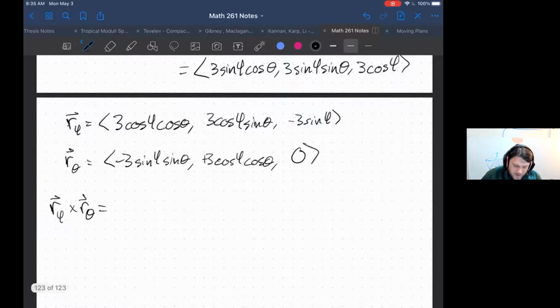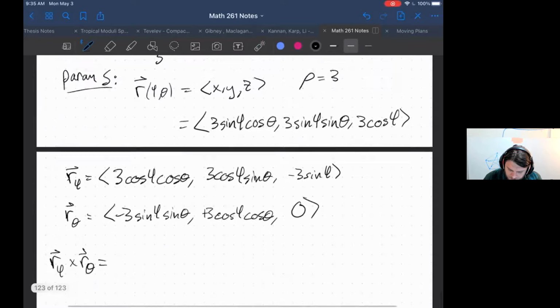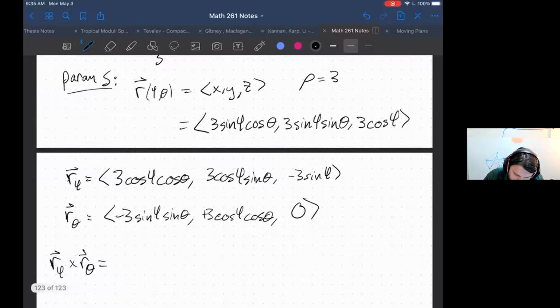So if we do this, and if you take your hemisphere and write it in the phi-theta plane, which reminds me, we need to write out bounds for this surface. Theta, that's the easy one, 0 to 2 pi. Phi, that's a slightly more interesting one.